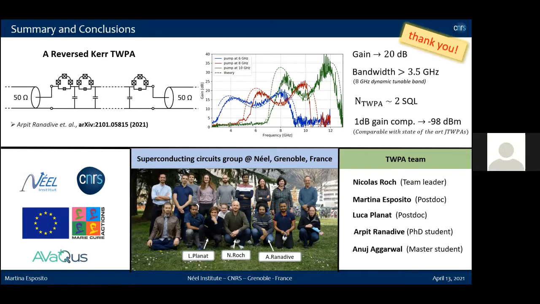Just a comment: thanks for the very interesting talk, but in this new method you're presenting of compensating dispersion with nonlinearity, that sounds a lot like the Korteweg-de Vries equation where you get soliton solutions. Have you thought about that? There might be soliton propagation in this line.